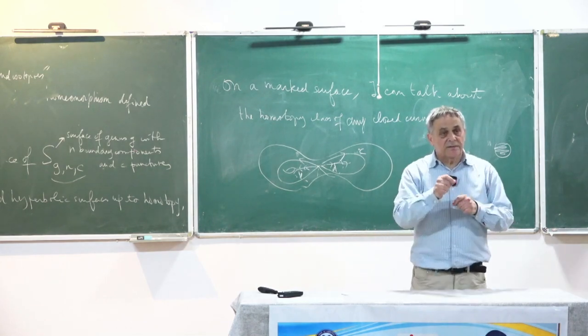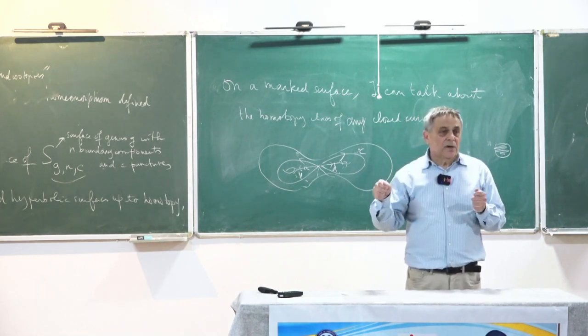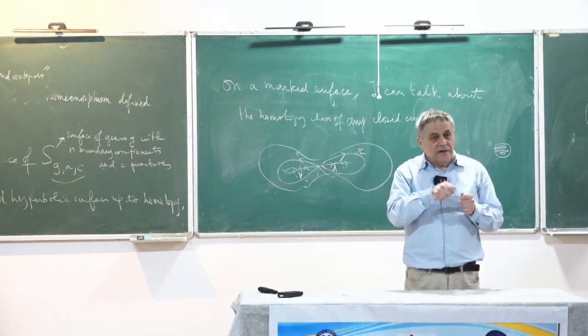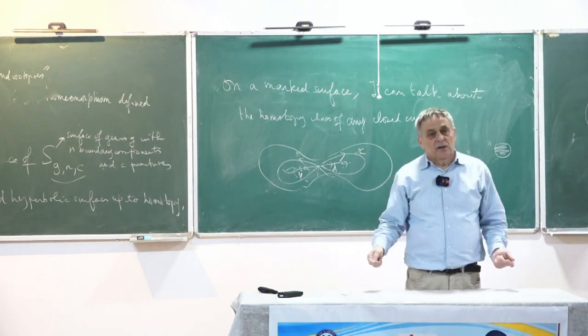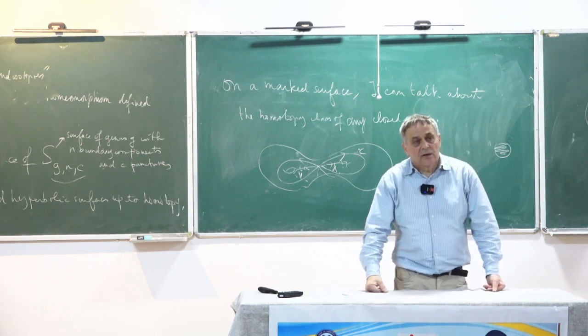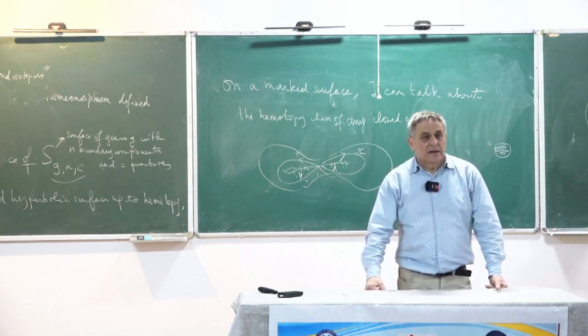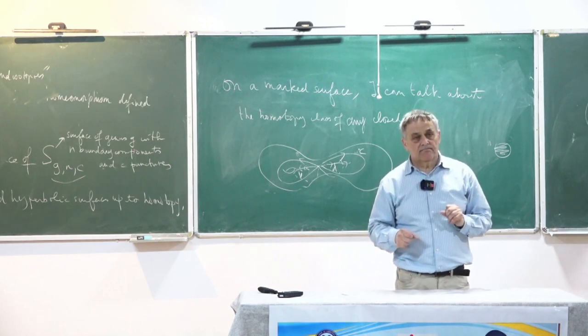You have generators for the fundamental group, and then you define an element of the fundamental group as a word in the generators. So is there an algorithm to say whether this word is the identity element of the group or not?